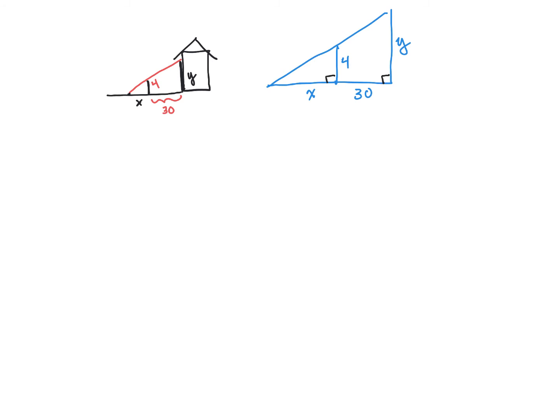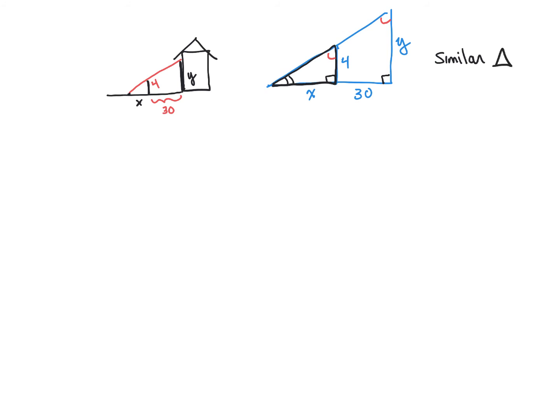These are both at right angles to the ground. And of course, both triangles, this black triangle here and then the larger blue triangle, share this angle here. And then if two of the angles are the same, then the third angle has to also be the same. So basically, that black triangle and that blue triangle are similar triangles.